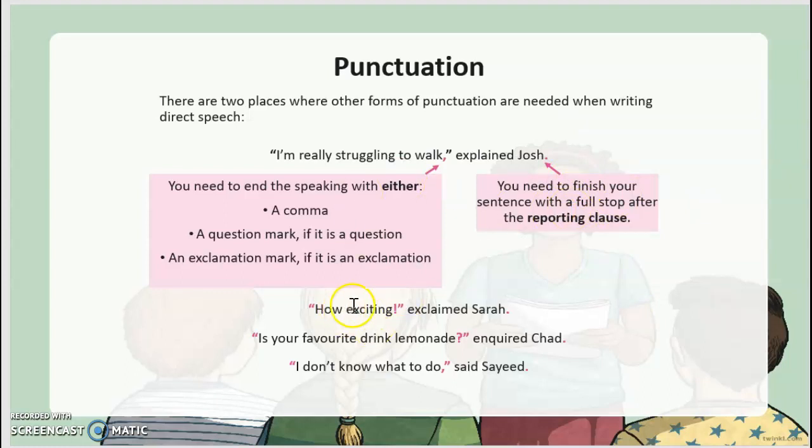For example, "How exciting!" The exclamation mark is inside the inverted commas, exclaimed Sarah, and then there's a full stop at the end of the reporting clause. "Is your favourite drink lemonade?" There's a question mark and then a full stop at the end of the reporting clause, inquired Chad. "I don't know what to do," there's a comma, said Saeed, and then there's a full stop at the end of the reporting clause.